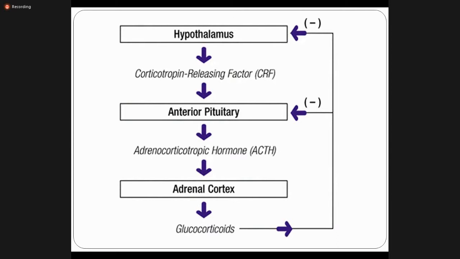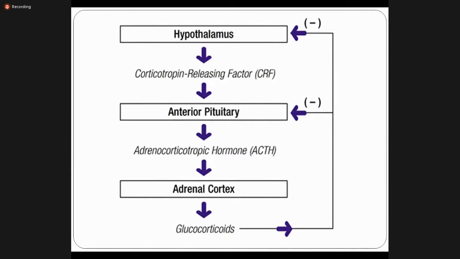glucocorticoids, right? When there is increased secretion of glucocorticoids, there is negative feedback on the anterior pituitary, where it inhibits the secretion of adrenocorticotropic hormone, right? Because when there is excessive glucocorticoid, a message goes to the anterior pituitary that there is no more requirement of glucocorticoids, so stop ACTH, right?